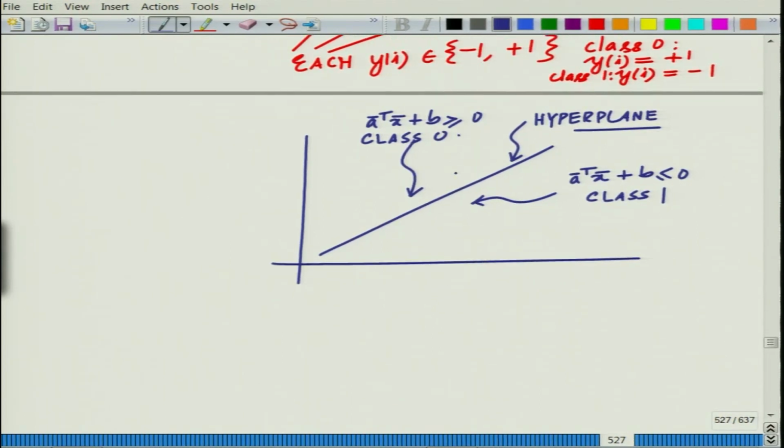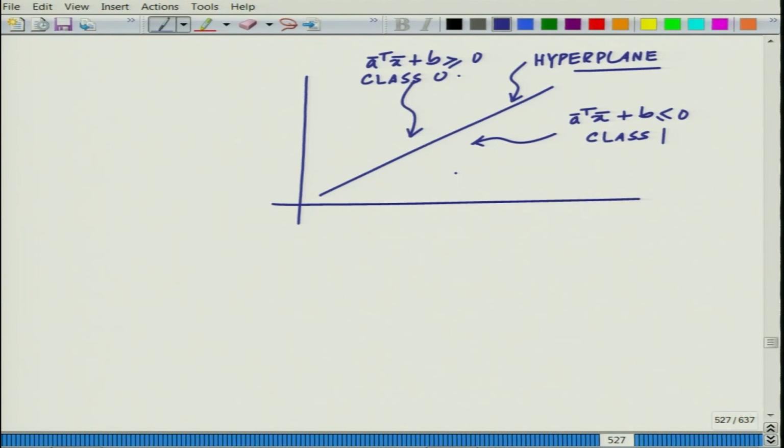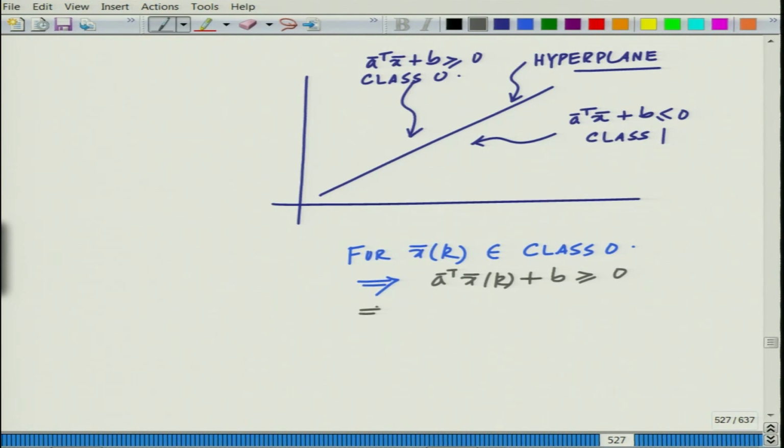Now, what you can say is that for all points x bar k belonging to class 0, we must have A bar transpose x bar k plus b greater than or equal to 0, which also implies, multiplying by yk, yk times (A bar transpose x bar k plus b) greater than or equal to 0.